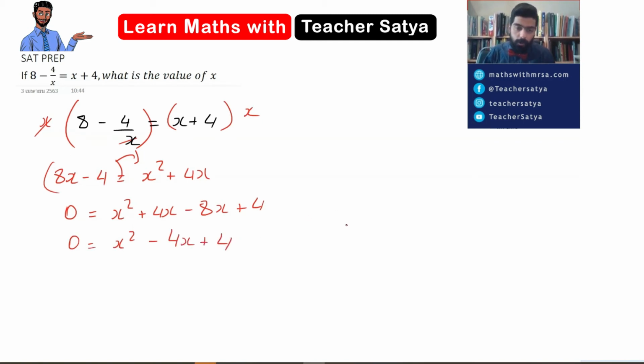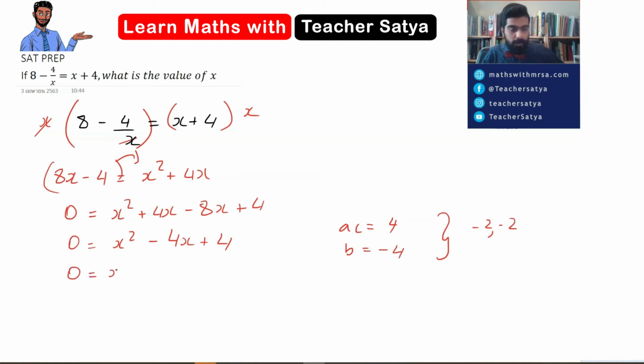Again here, what we're going to do is find two numbers that multiply to give us 4, and those two numbers add up to give us negative 4. And the two numbers here would be negative 2 and negative 2, right guys? So negative 2 times negative 2 would give us 4, and if we find the sum, negative 2 plus negative 2 would give us negative 4, right guys? So we are going to split the middle term.